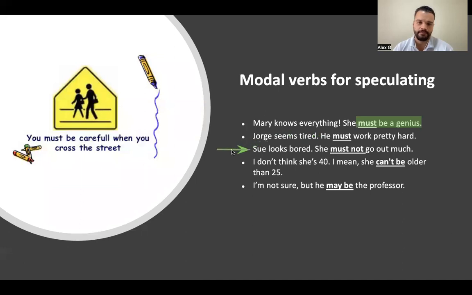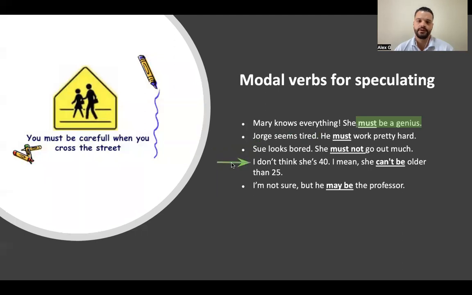Another example, but this one is in negative, says, Sue looks bored. She must not go out much. So again, we have some visual evidence, so we can make a certain speculation that she's bored. Maybe she's kind of falling asleep or she's playing with a pencil or something. So we have some visual evidence.